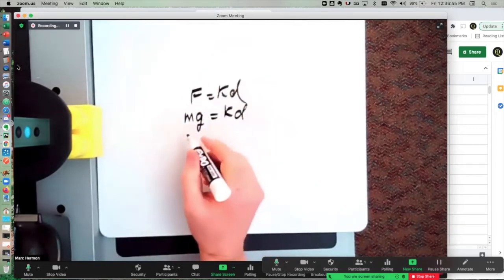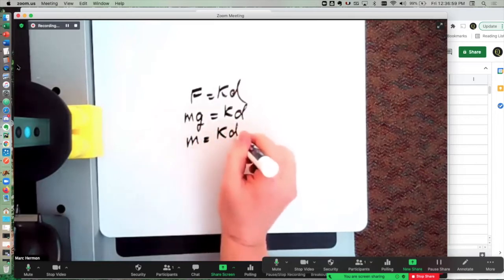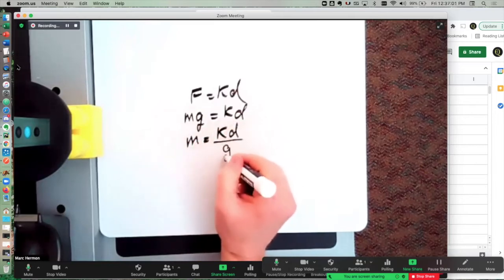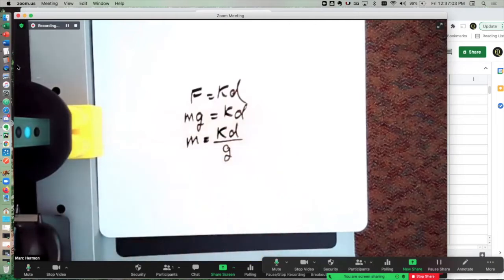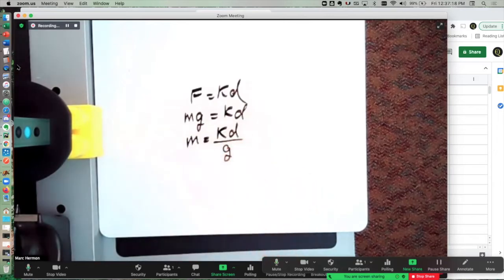Okay, so I could do mass equals K times D divided by the gravity. That mass will be in what? That'll be in kilograms, and we want it to be in grams. I want to go all the way to grams. So what if I'm in kilograms and I want to go to grams? What do I do?